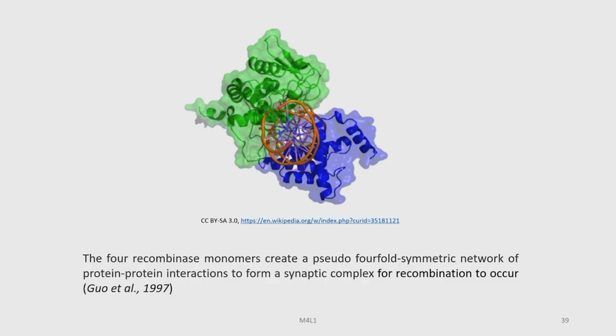The amino and carboxy terminal domains of Cre form a clamp around the half site, making extensive contacts with both the major and minor grooves. The 4 recombinase monomers create a pseudo 4-fold symmetric network of protein-protein interactions to form a synaptic complex for recombination to occur.